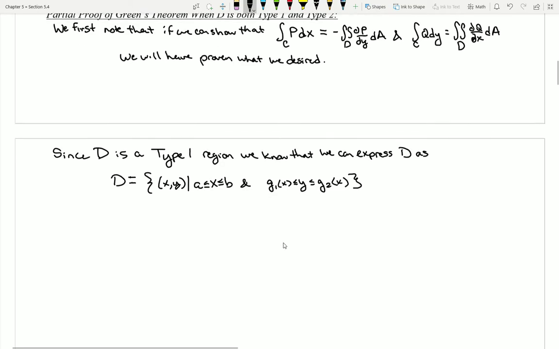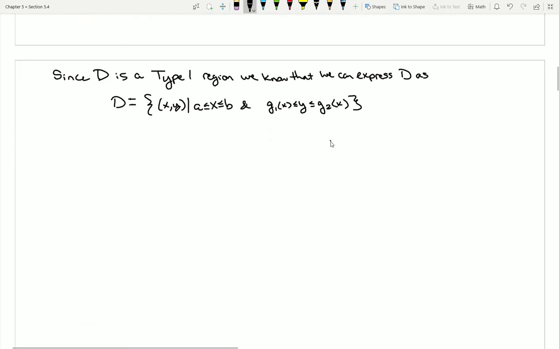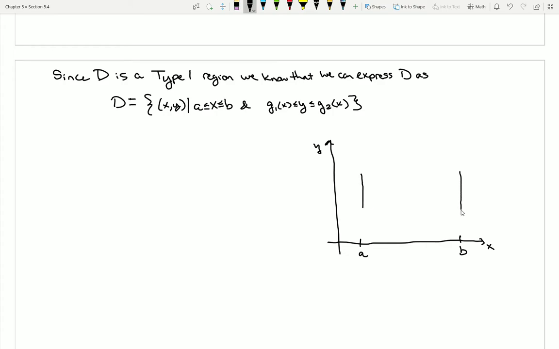Okay? To get a picture of what I might be working with, maybe we'll draw something like this. Let's suppose that down here I have A, I have B, and maybe I have something that looks like this. I'm going to have these two edges of my region, and something up top that connects the dots, and something down here that connects on the bottom.